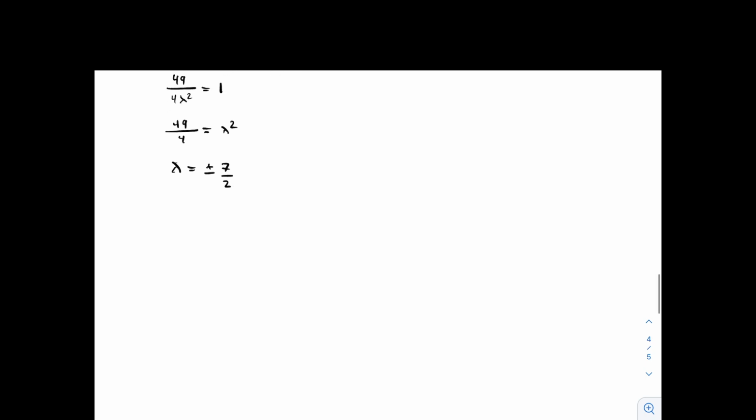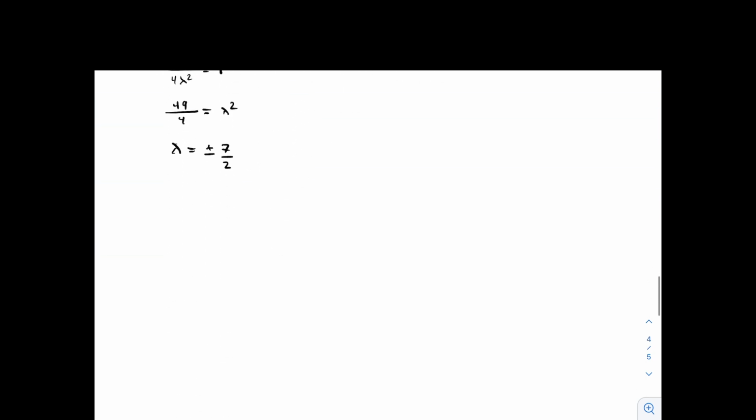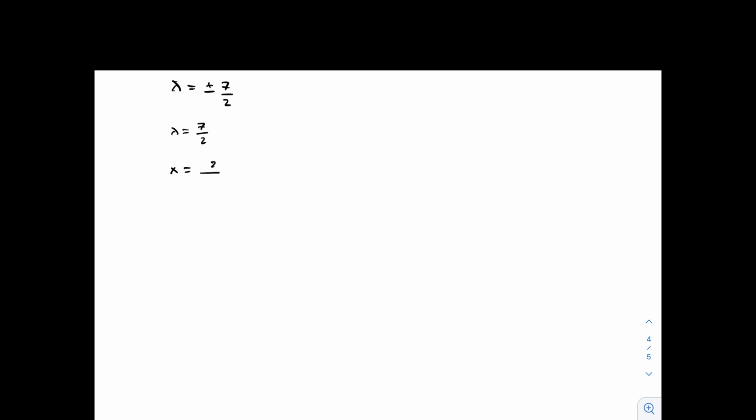If we consider lambda is equal to 7/2, then we get x is 2 over lambda, so 2 over 7/2, and that's going to be 4 over 7.